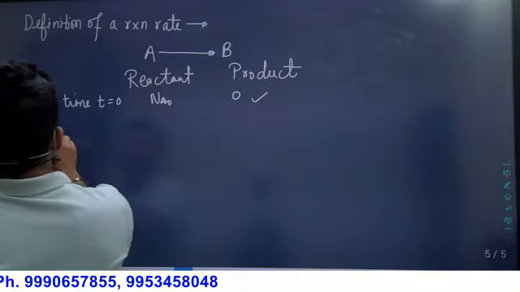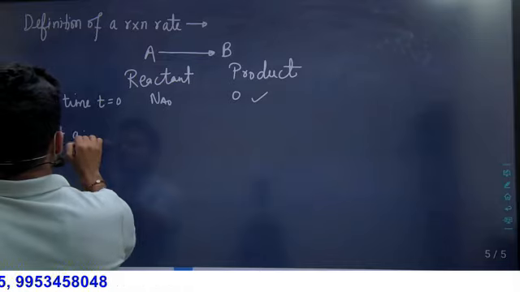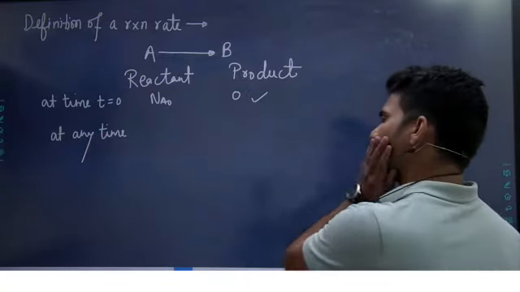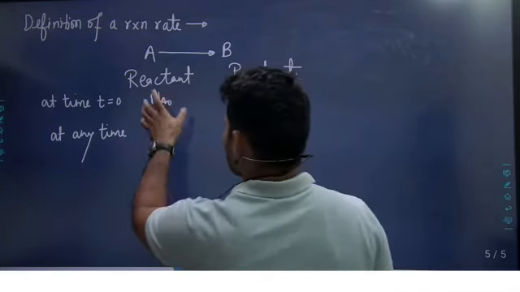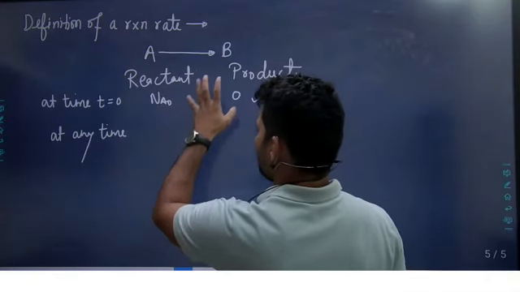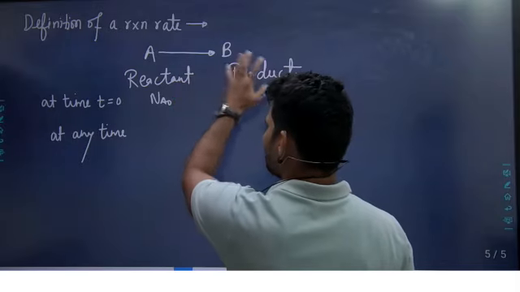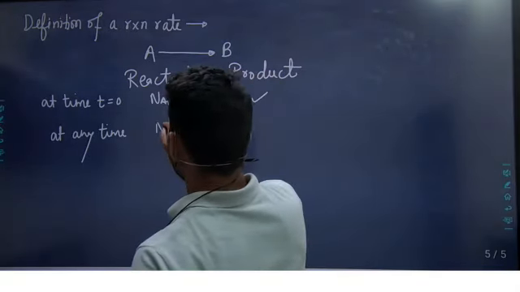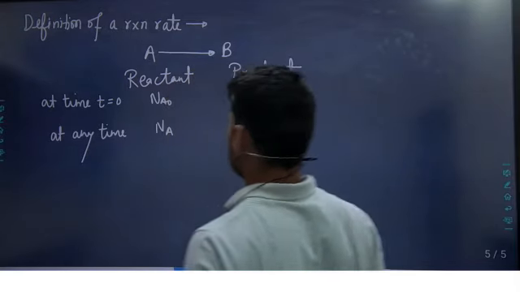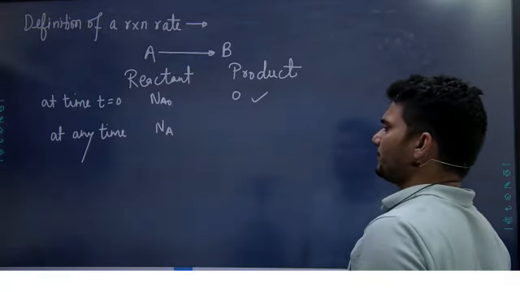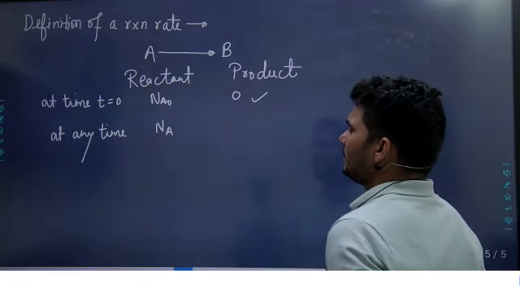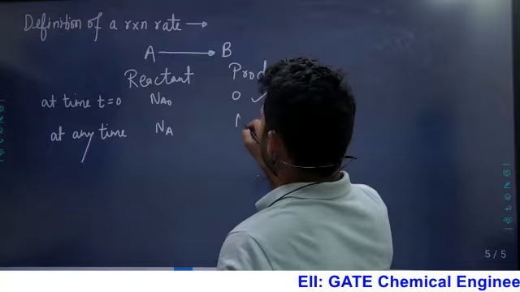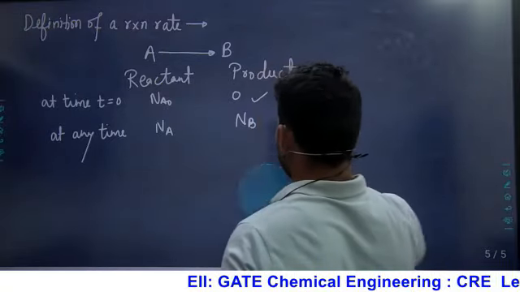After that, at any time t, some moles of the reactant A will disappear or be converted into the product B. At that time the present mole of A is Na, and the moles of B is Nb.